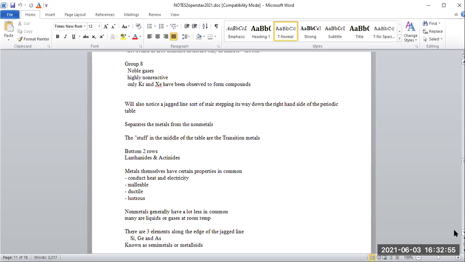That lanthanum, which is number 57 on the periodic table, is where it then jumps down to cerium, which is number 58. And number 89, which is actinium, jumps down to thorium, which is number 90.